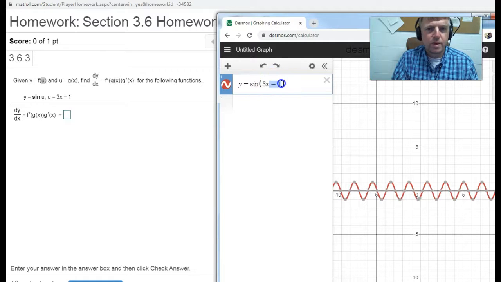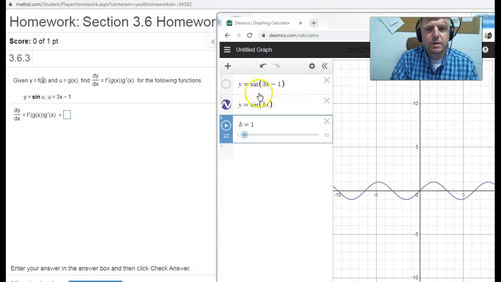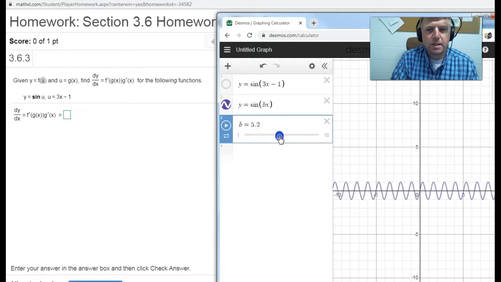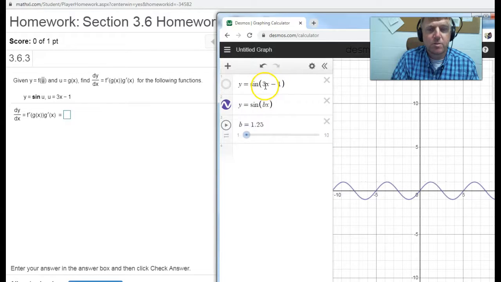But that 3x is squeezing the graph in horizontally. So just so you can see it, if I got the sine of bx, the b will squeeze this thing in the bigger and bigger that it gets. So it's squeezing everything in because that number is bigger than 1. If it's 1, it's the sine function. But the bigger it gets, the tighter we squeeze it in towards the center.